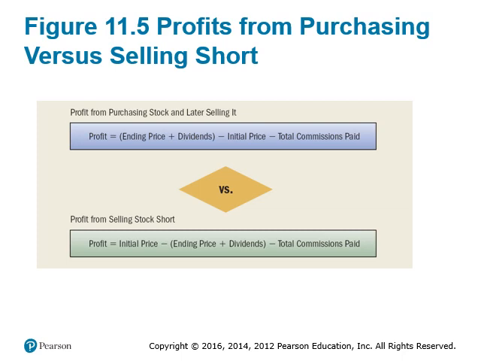So here is a figure showing profits from purchasing versus selling short. So profit from purchasing stock and later selling it versus the profit from selling short. If you are just buying it and later selling it, your profit is the ending price plus the dividends, minus the initial price, minus the total commissions paid, versus when you are making profit from selling short.